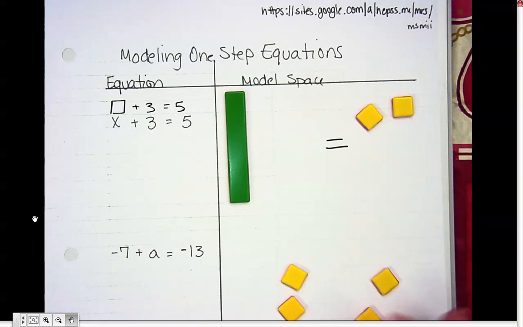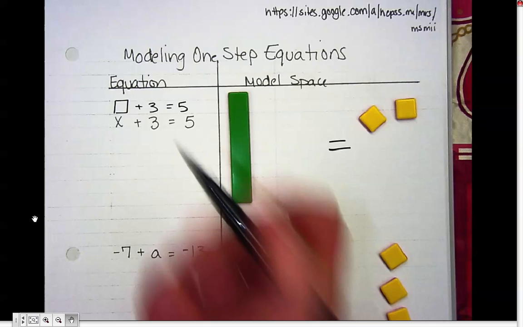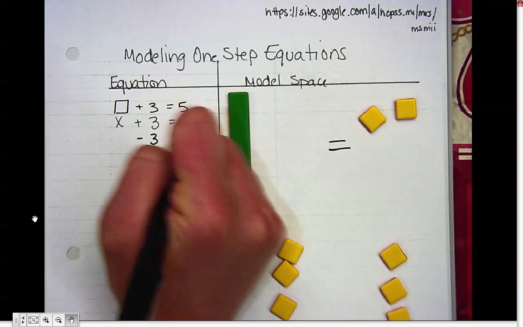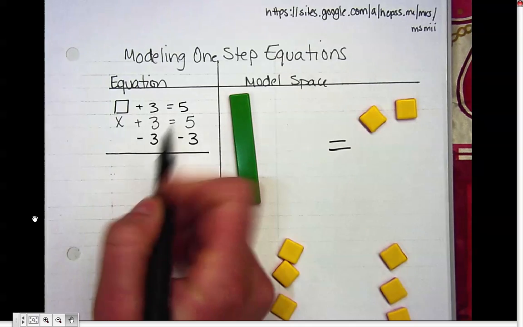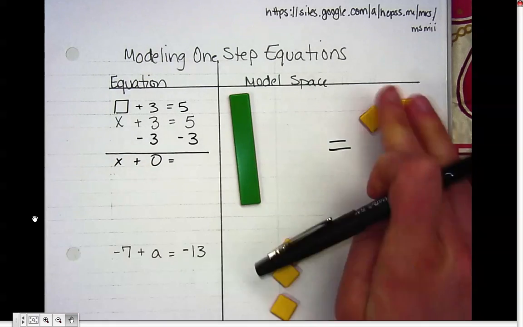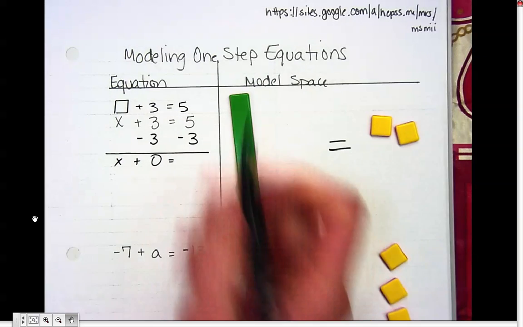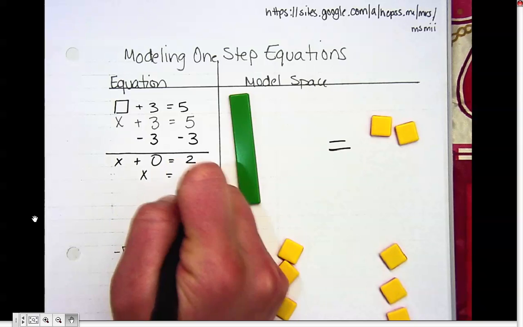I've taken away 3 on each side, and I have to do the same thing to each side so that they stay balanced and they stay equal. So I'm going to write it over here as minus 3, minus 3. This gives me 0 plus x on this side, and I'm left with 2 on this side. So very simply, I can say that x equals 2.